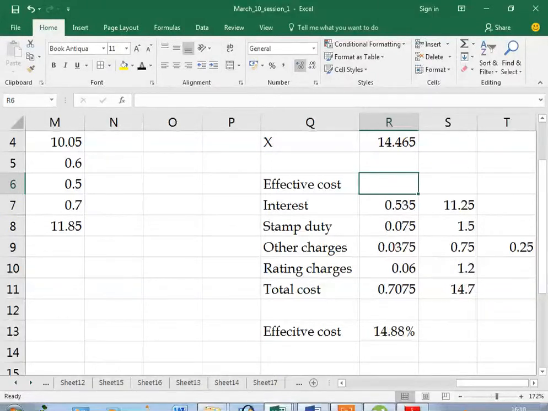Any doubts in this? If you're done with this, then go to the next question.